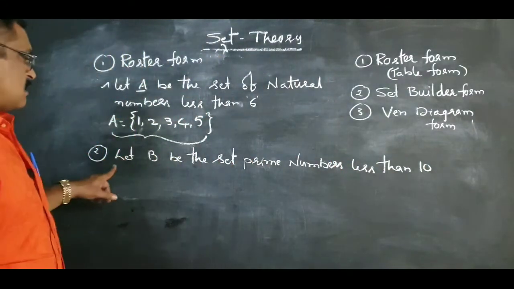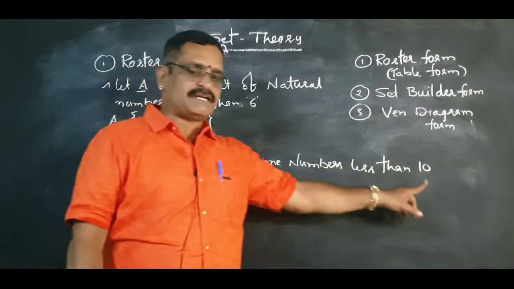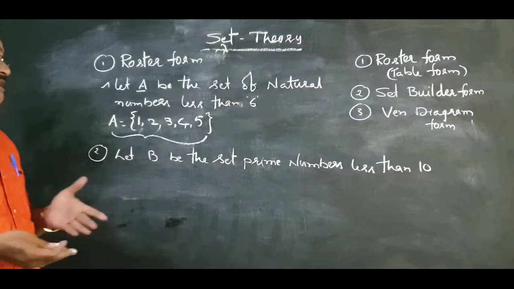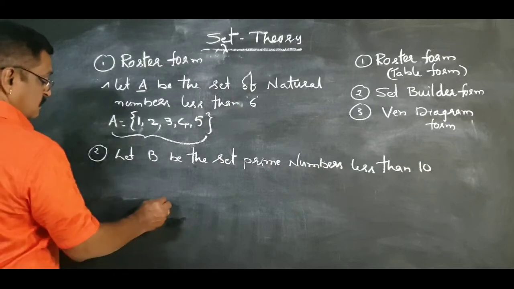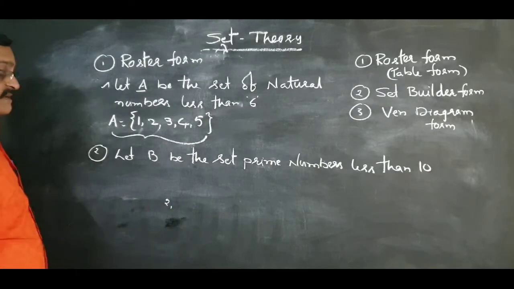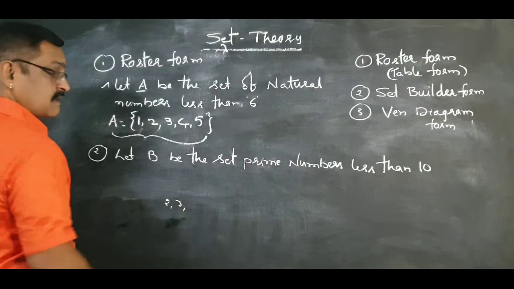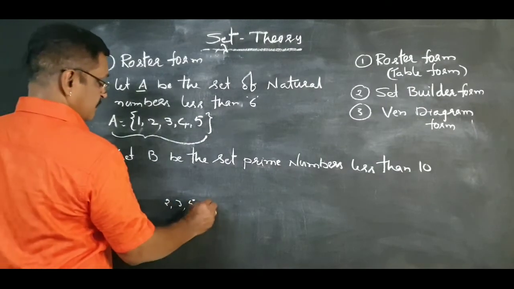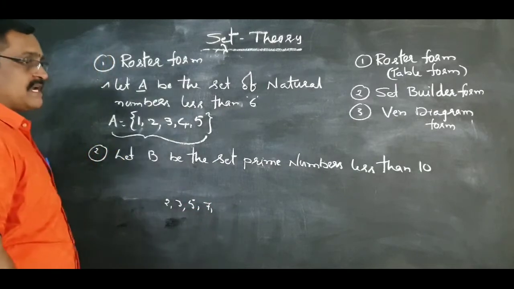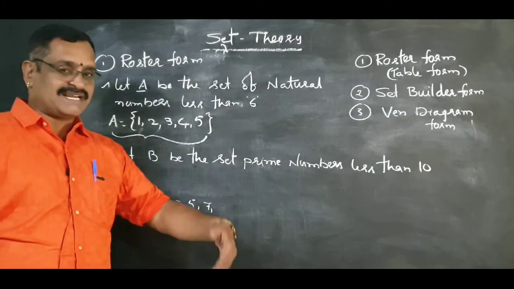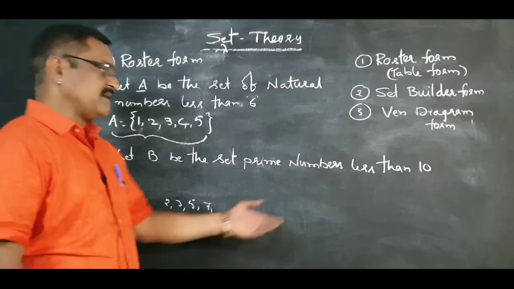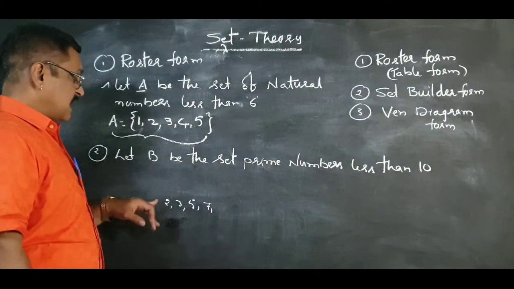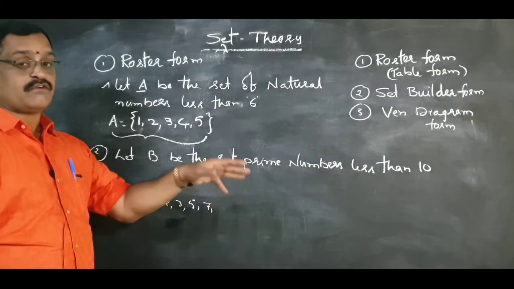I want all the prime numbers less than 10, and the name of the set is capital B. And we know which are the prime numbers less than 10. 2 is a prime number less than 10. 3 is a prime number less than 10. 5 is a prime number less than 10. 7 is a prime number less than 10. And the next number, 11, is a prime number, but it is not less than 10. So we stop here. So in this set B, I have 4 elements: 2, 3, 5, 7.